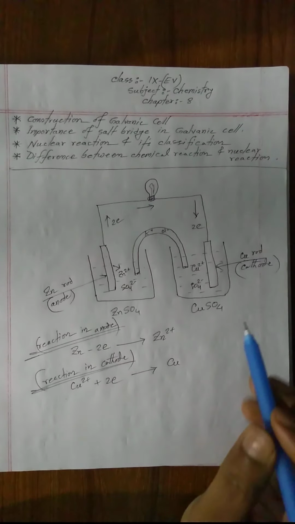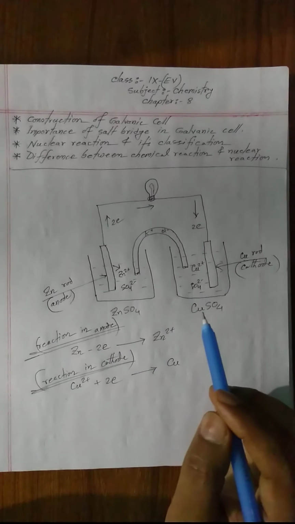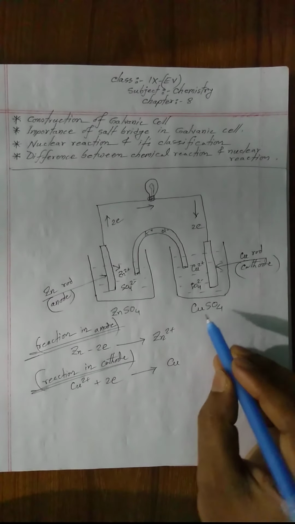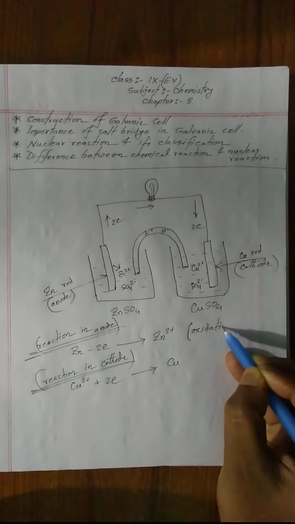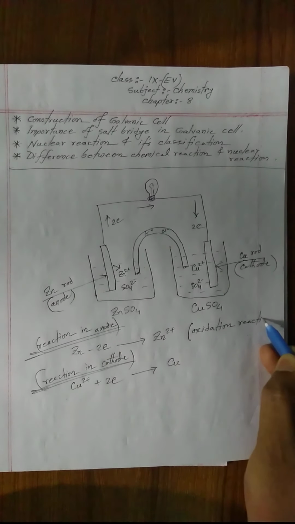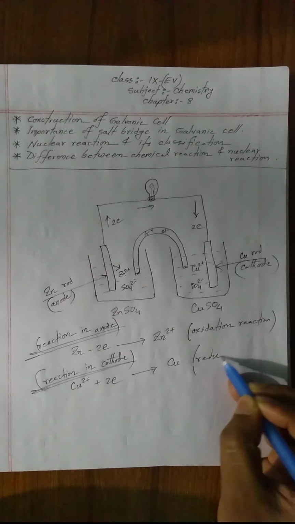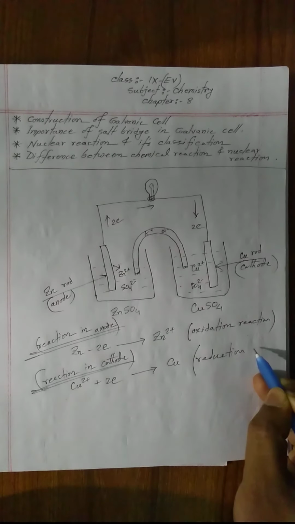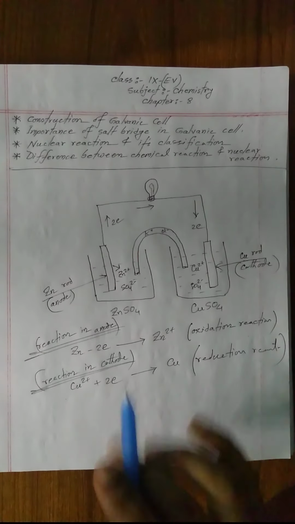So these two reactions occur in this galvanic cell. The first one is the oxidation reaction, the second one is the reduction reaction.